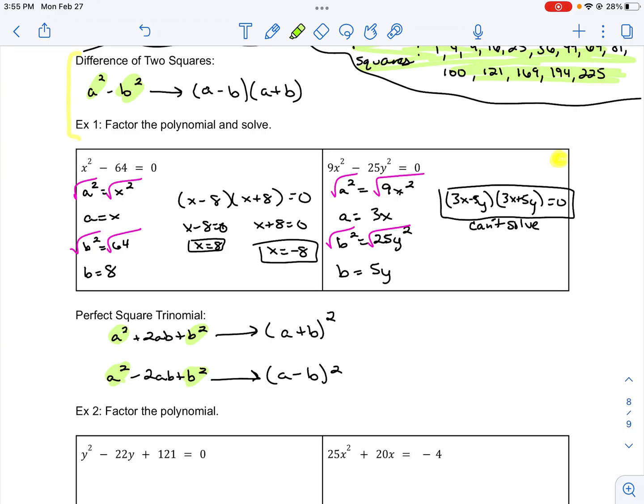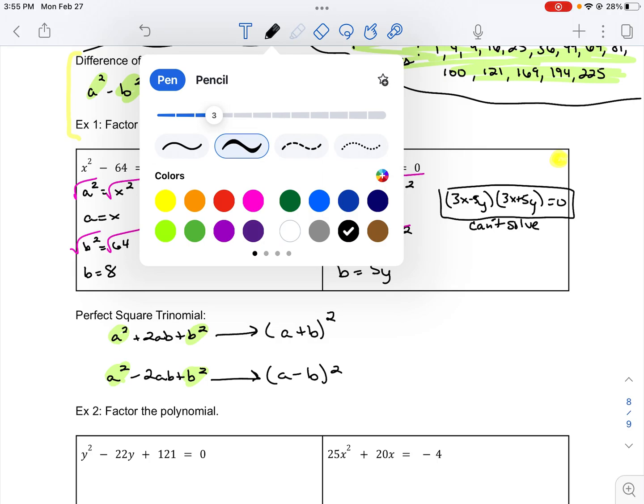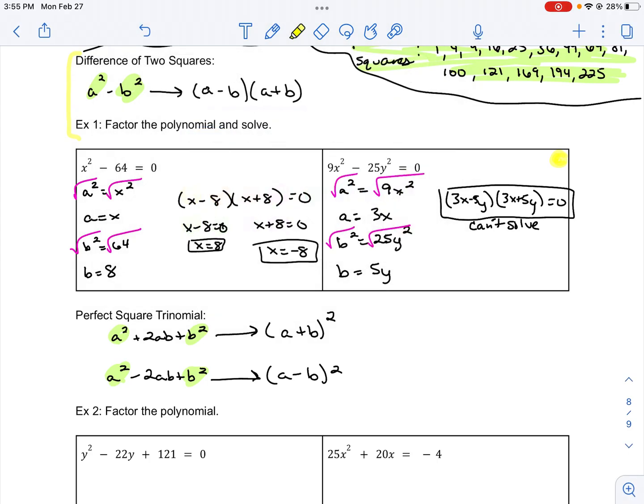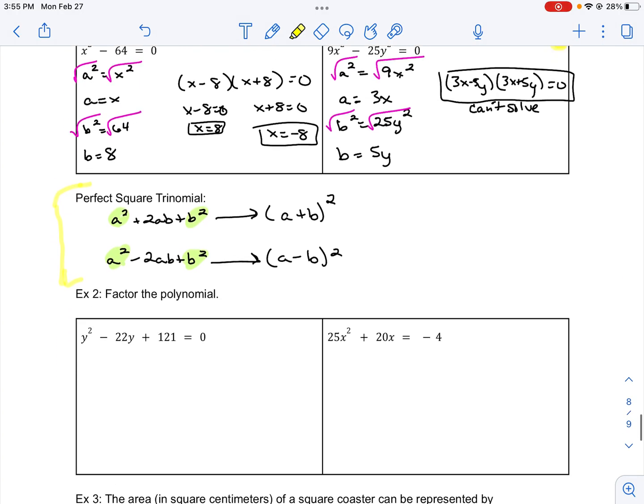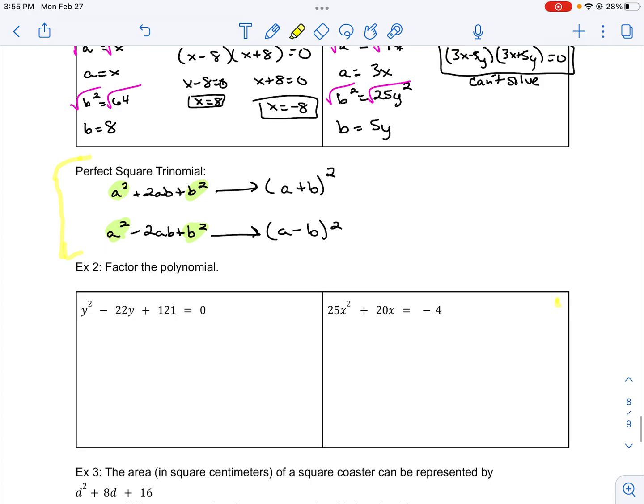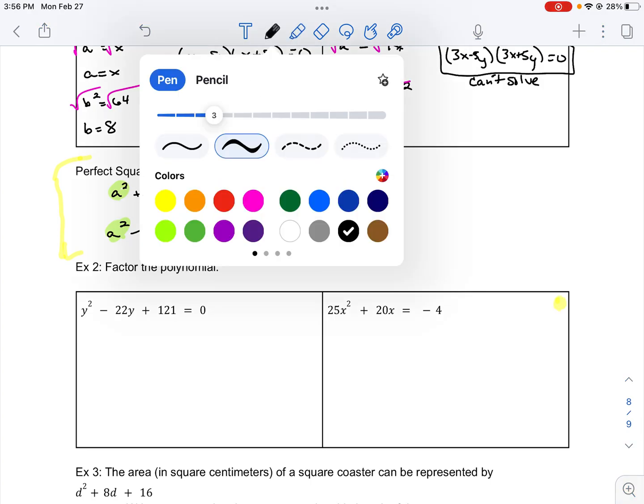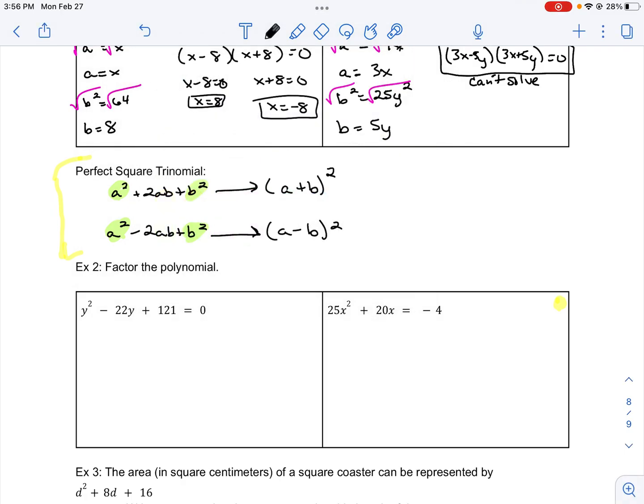If you know you have a perfect square on the front and on the end, one of these is going to apply. So you might want to make a note of that somehow. For this, I would go ahead and write down your perfect square trinomials. And it really doesn't matter. We'll go with the right one again. Like I said, it doesn't really matter in this situation.